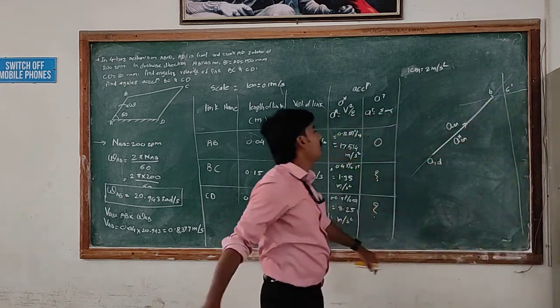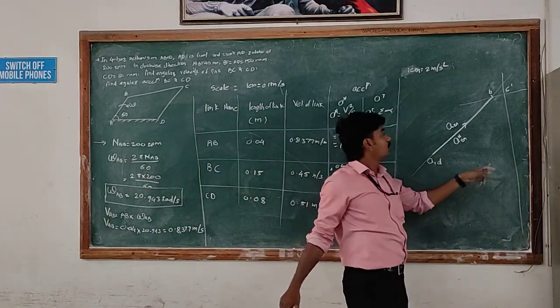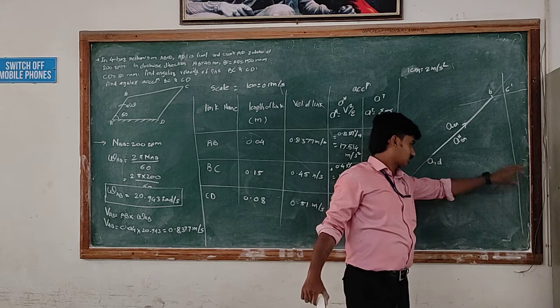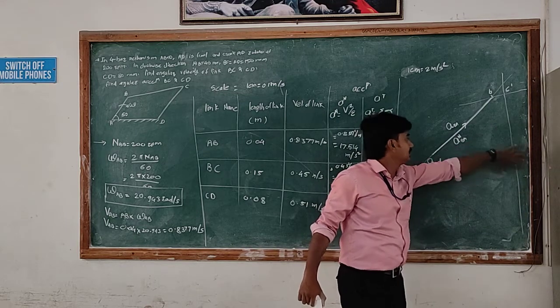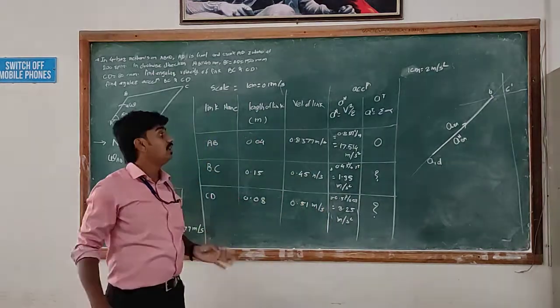Okay. So this is our line. It means C double dash, or point C, will lie on this line.